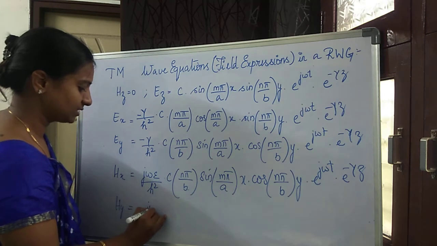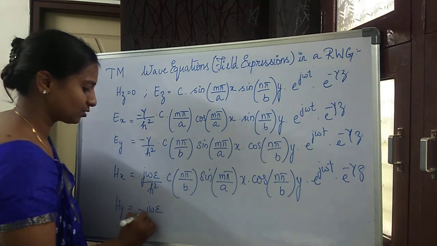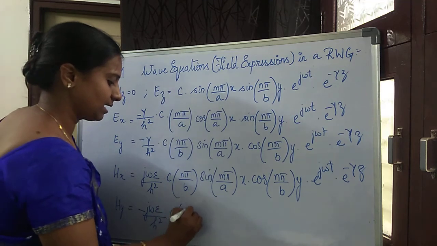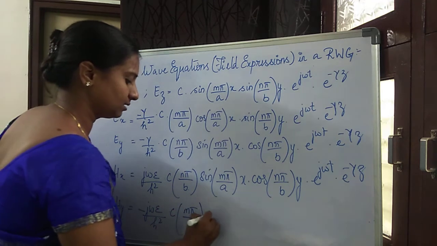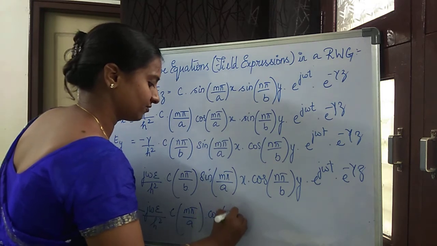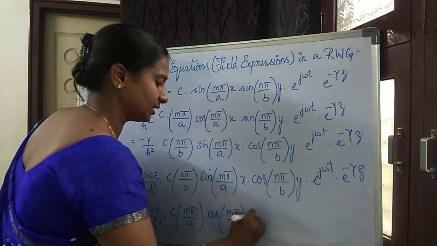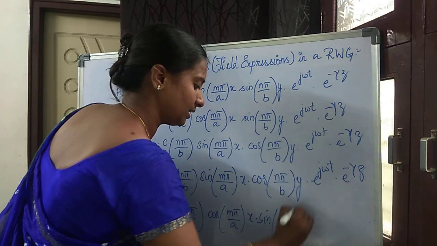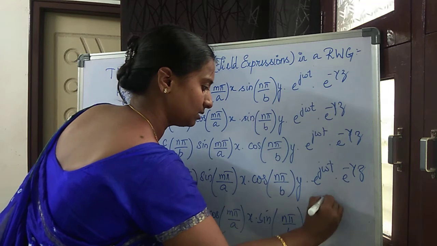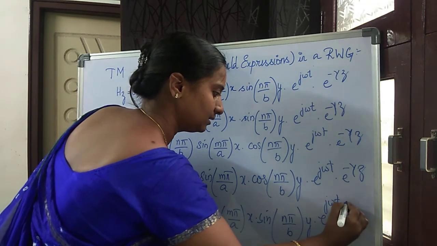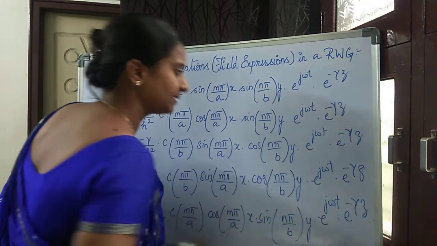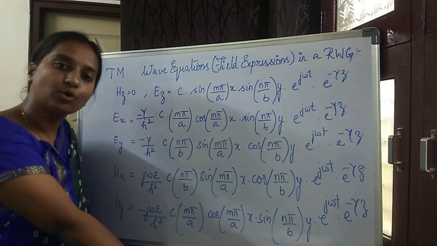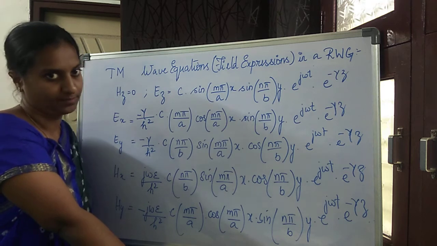And Hy will be minus j omega epsilon by h square, C m pi by a, cos of m pi by a x, sine of n pi by b y, e power j omega t e power minus gamma z. So these are the field expressions which I obtained for TM modes.